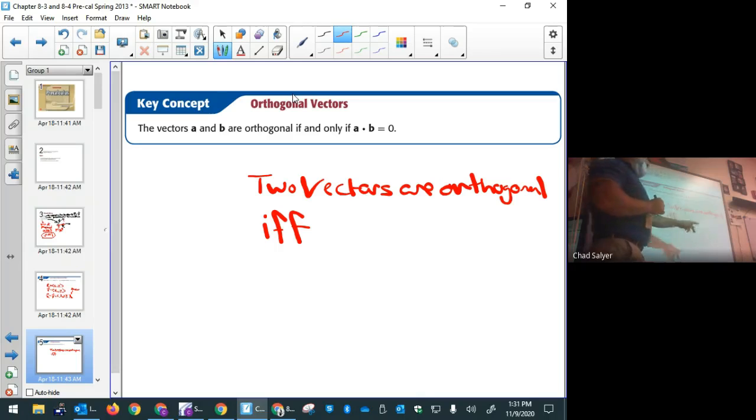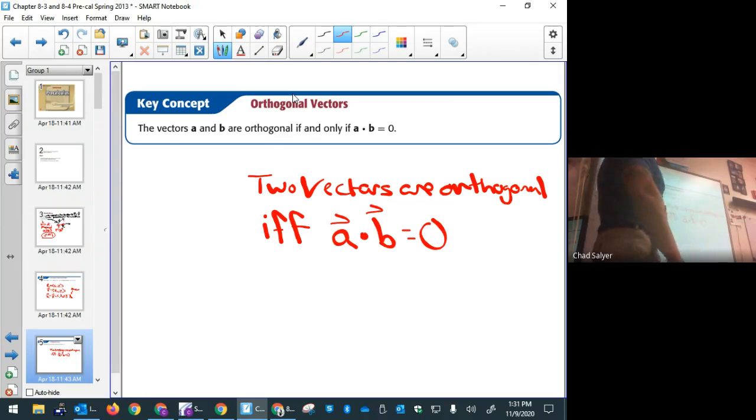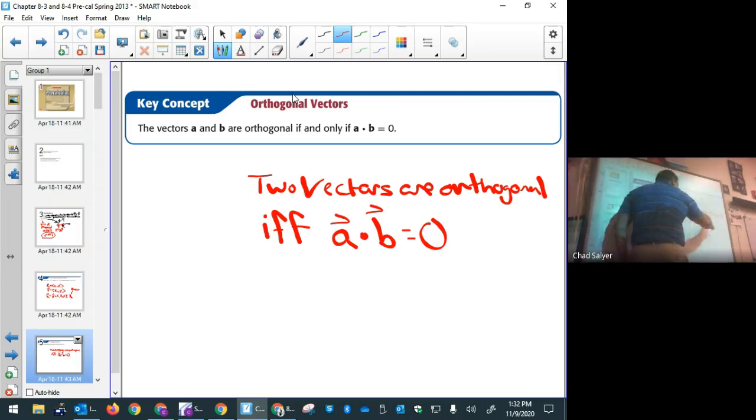It means if and only if the dot product of those two vectors is 0. So two vectors are orthogonal if and only if their dot product is 0. And what that if and only if means is the logic works both ways. Two vectors are orthogonal if A dot B is 0, and if A dot B is 0, the vectors are orthogonal. So the logic works in both directions.